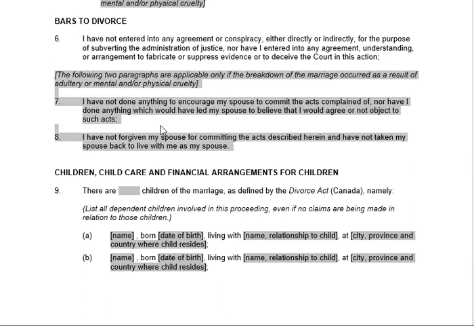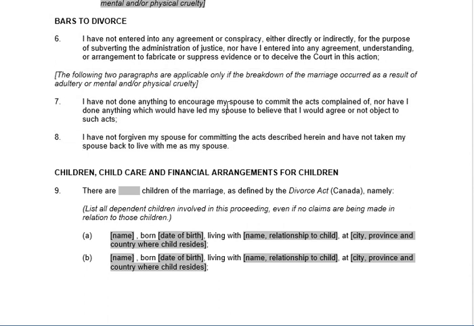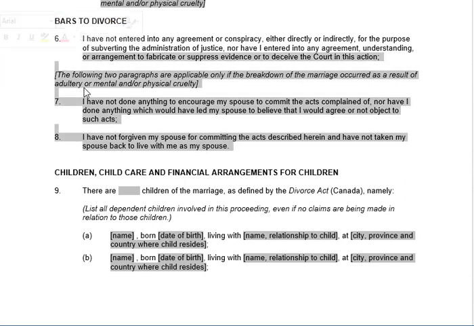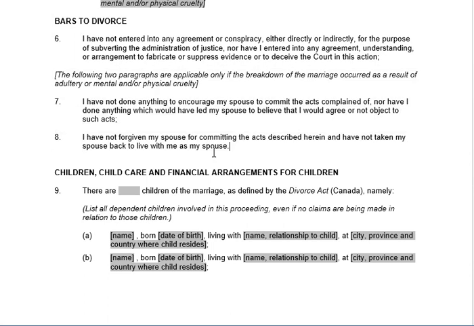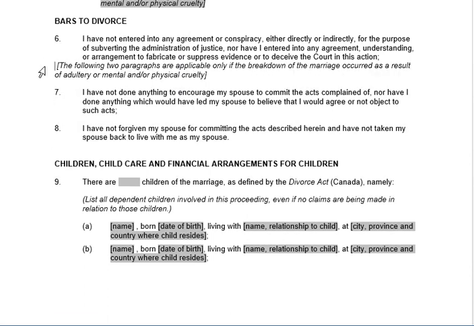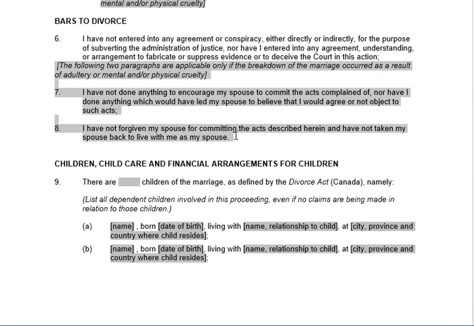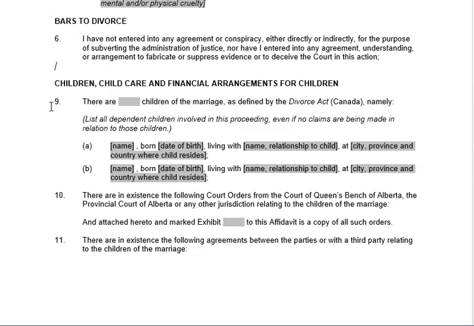So if number 7 or 8 apply to you, if you're divorcing because of cheating or abuse or whatever it is, you want to see a lawyer and get a consultation. For the purpose of this video, these do not apply to us, so we're going to delete it. Good. Delete it. There you go. And then you will choose the numbering, obviously.